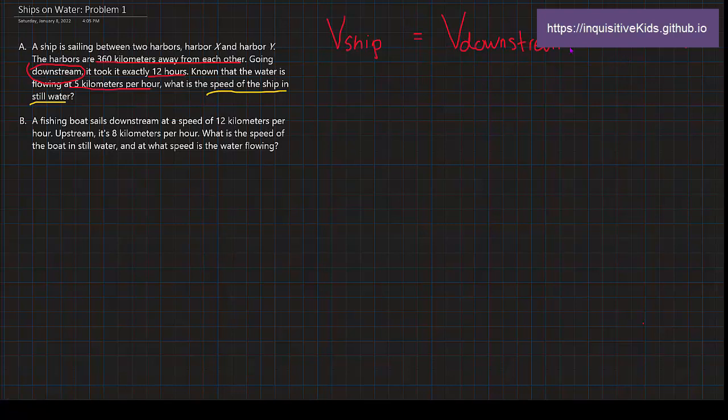Now, do we know the downstream speed and the water speed? What is the downstream speed? Well, we know that 360 kilometers is the total distance, and it took 12 hours. So what is the speed?